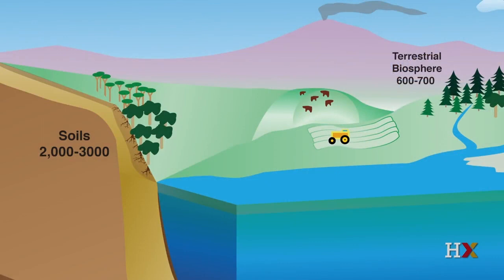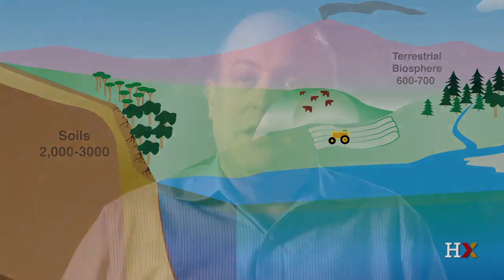Soils, for example, have a much larger amount of carbon. We don't know exactly. The reason is that what's a soil and what's a sediment, what's a geological rock versus a soil, is a somewhat arbitrary definition. But we think that there's something like 2,000 to 3,000 gigatons of carbon in soils, so several times the amount that's in the active terrestrial biosphere.